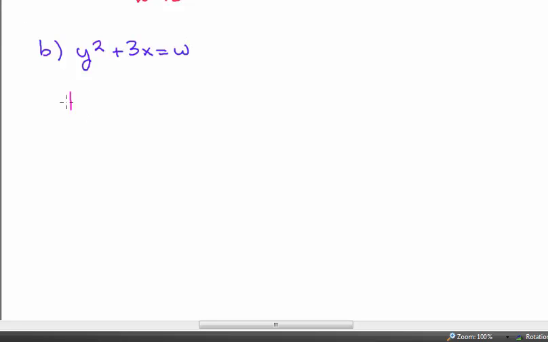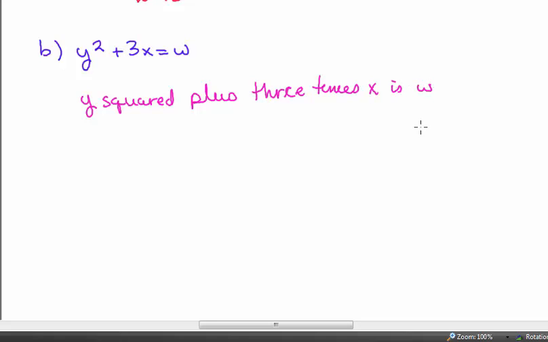So, let's start with the very, very basic. y squared plus 3 times x is w. I just wrote exactly what I see. y squared plus 3 times x equals w.